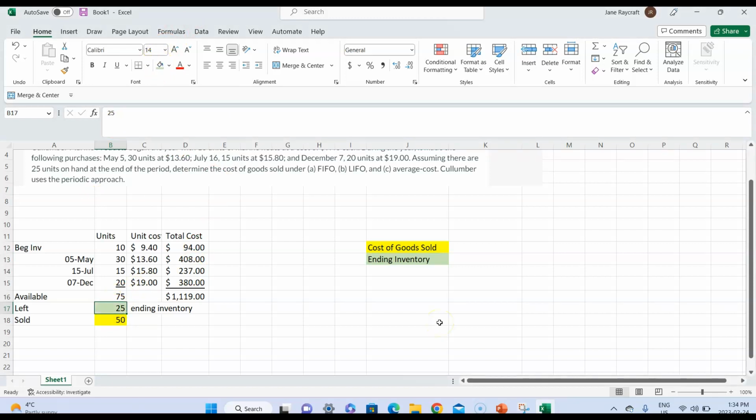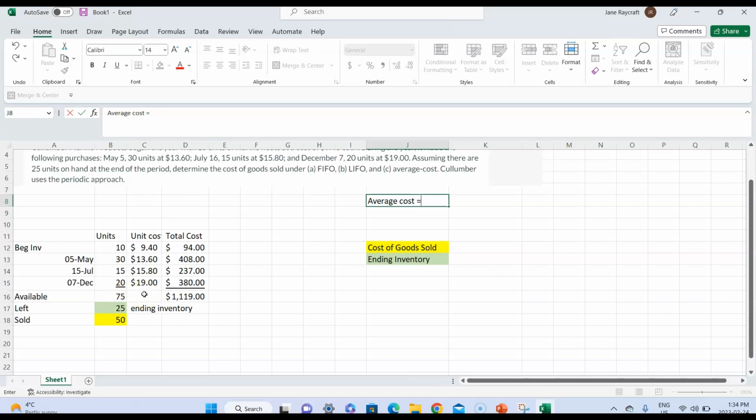So we're using our average costing method, and we're trying to figure out, on average, how much did we buy these 75 units for?